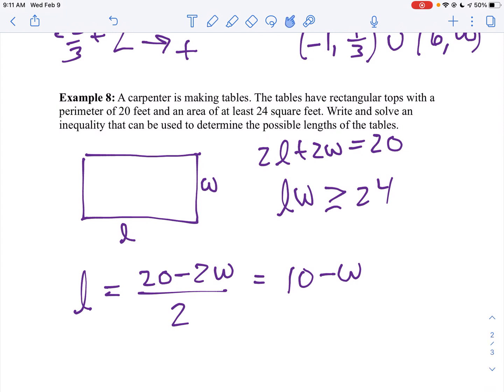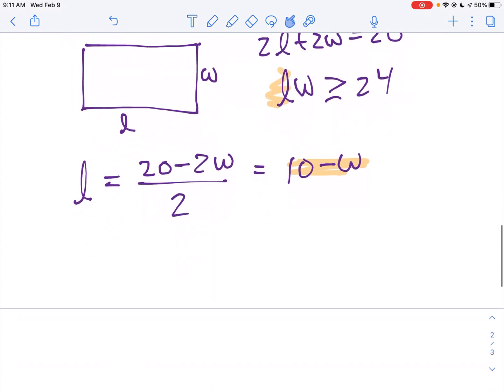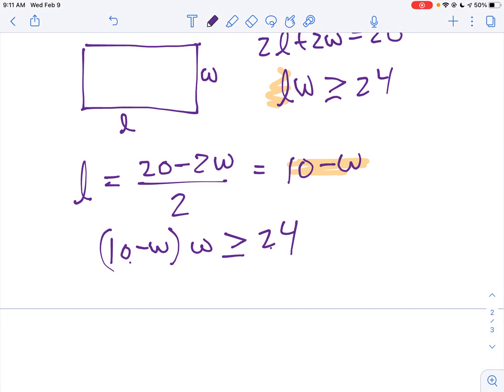So then I'm going to substitute 10 minus w in for L. So I get 10 minus w times w is greater than or equal to 24. Now we can solve this in a couple different ways. Let's distribute.